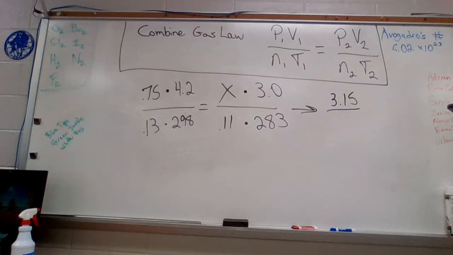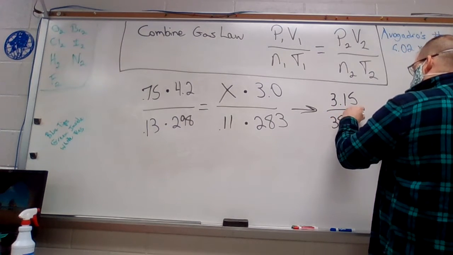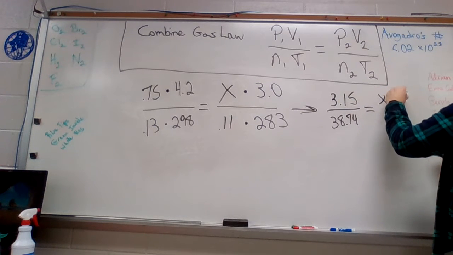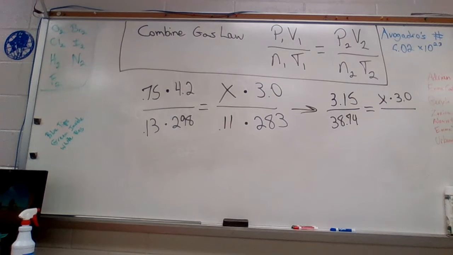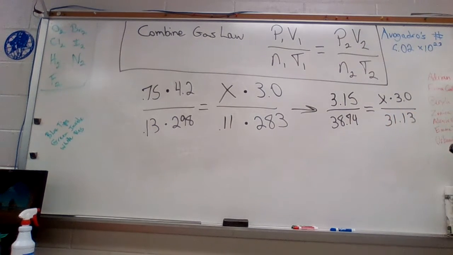I got 38.74. 38.74 is equal to X times 3.0. I can't do anything to that yet, but I can multiply 0.11 times 283, and that's going to be 31.13. So now I have this a little bit more simplified.